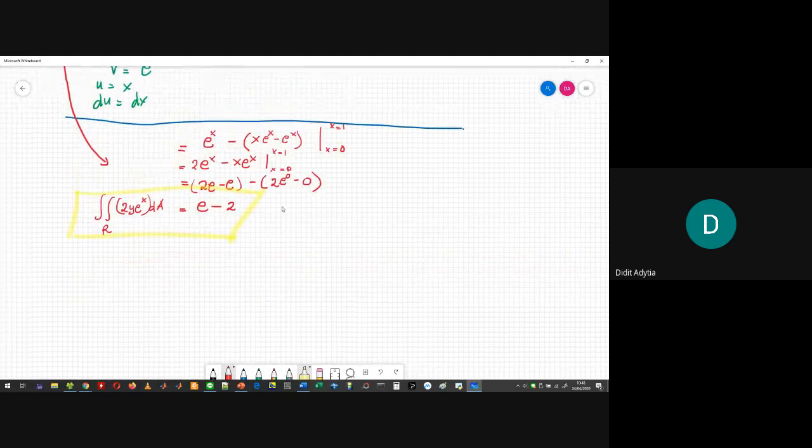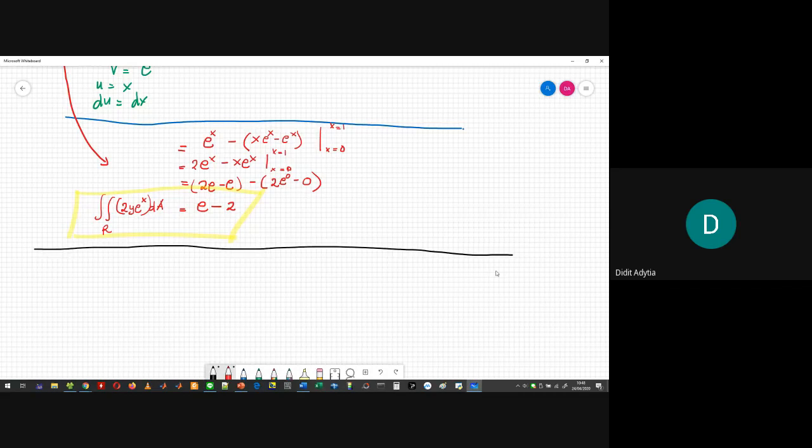Okay, now we have example number 2. That was example 1. And now we have example number 2. Okay? Example 2. Okay. Now, this is the integration by parts that we will use directly. e to the power of y square.